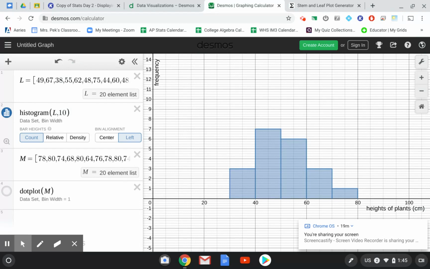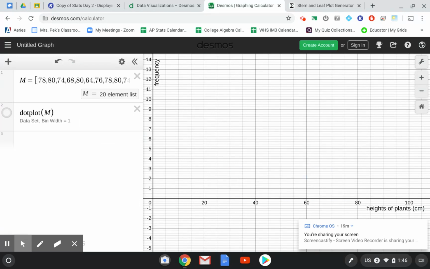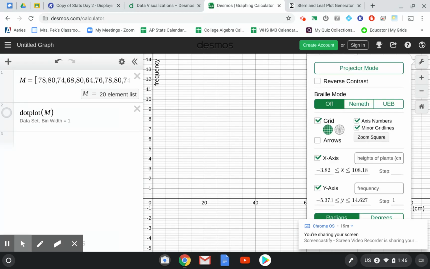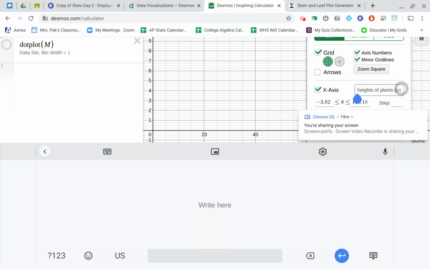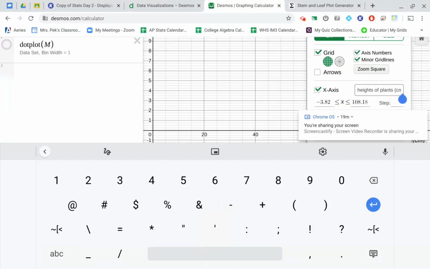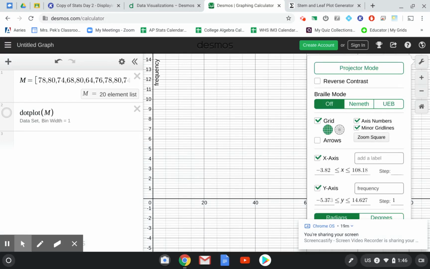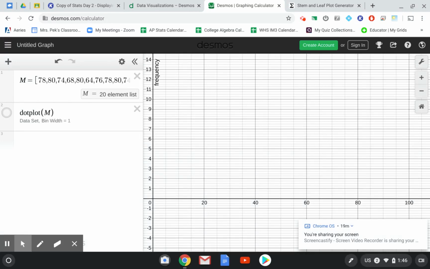Here I'm going to get rid of my histogram pieces there. And I listed all of my numbers. I can also get rid of my labels. I should label this with new labels, but it's harder for me right now while I'm making a video.